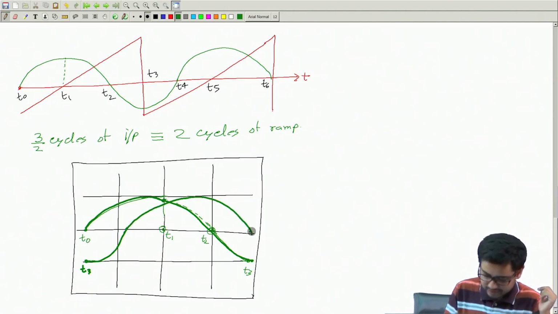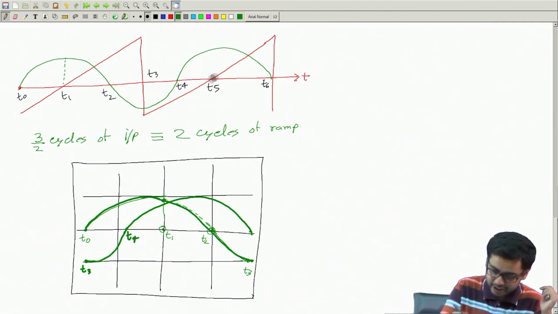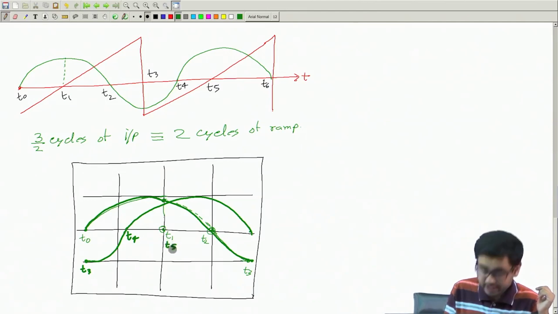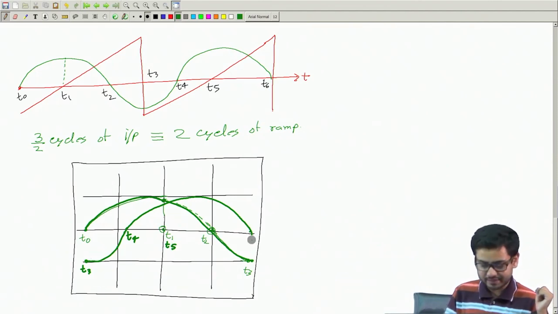Okay, so this point is T4. T5 is the point when x position is horizontally at the center. So this is T5. So this is the plot that we shall see on the screen.